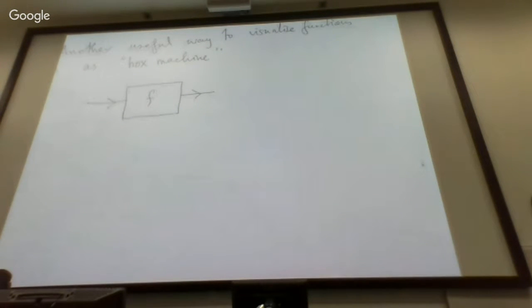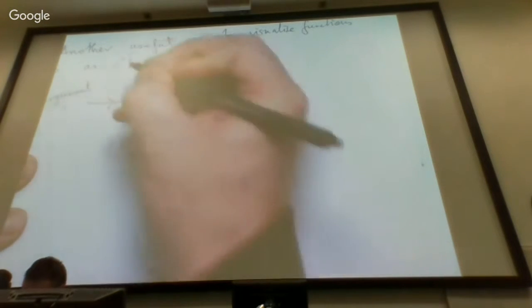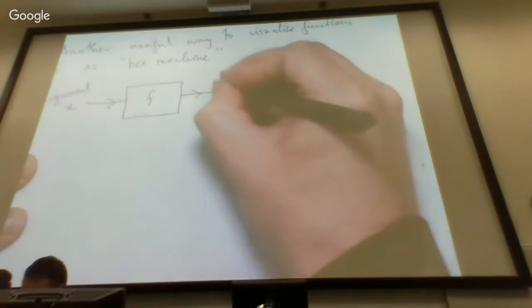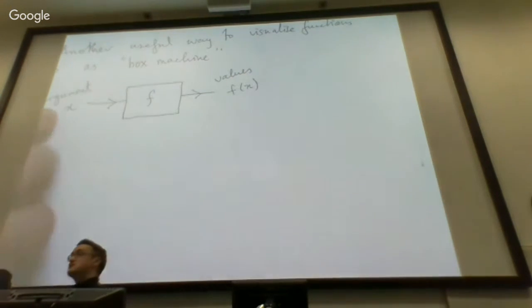It's just a box, some kind of machine, and it takes inputs. The typical way to visualize it is inputs come in from the left, go into the machine, and the values come out. So the arguments x go into the machine, and values f of x pop out of the machine.